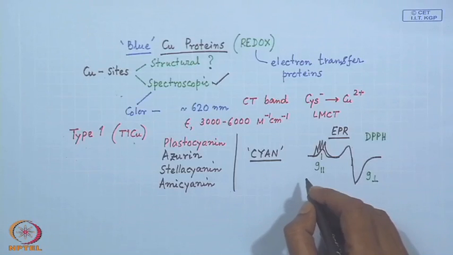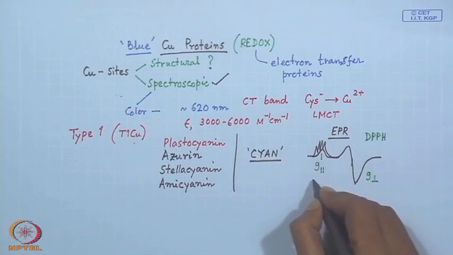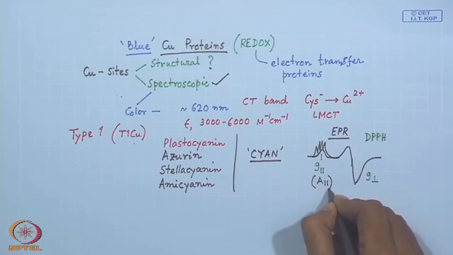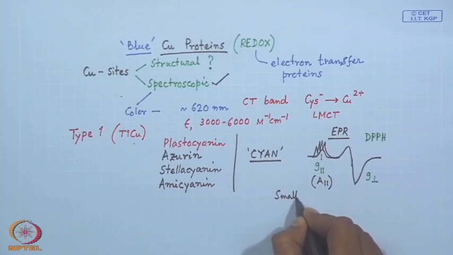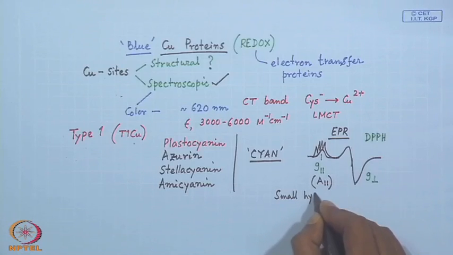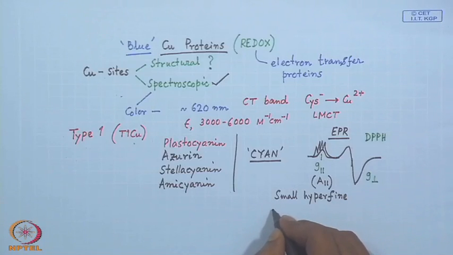So, small hyperfine splitting is there. This splitting is labeled as A parallel. So, we have small hyperfine splitting.